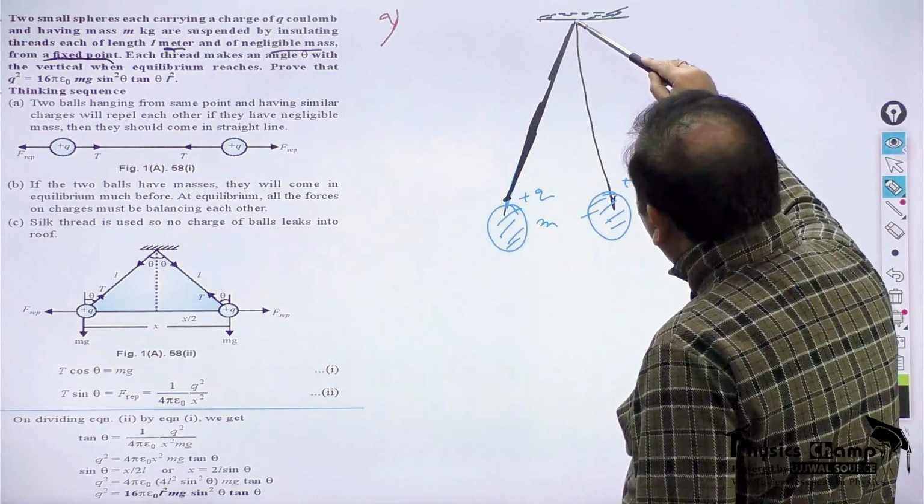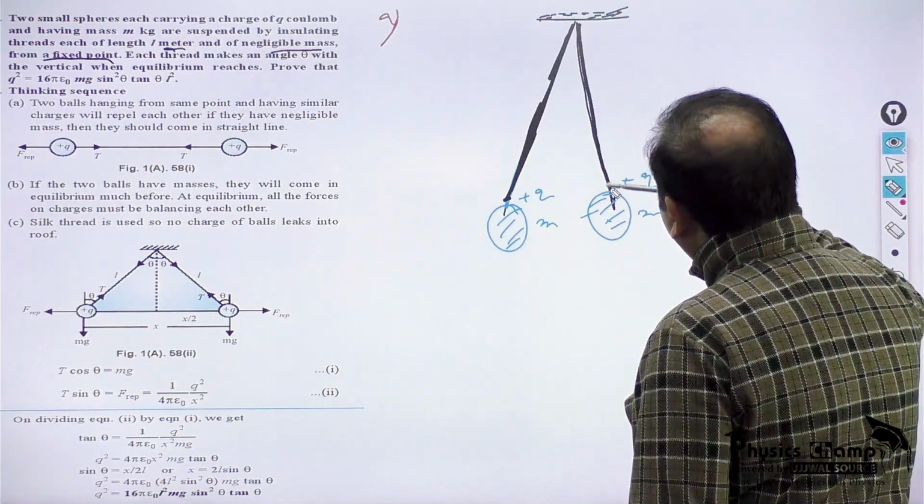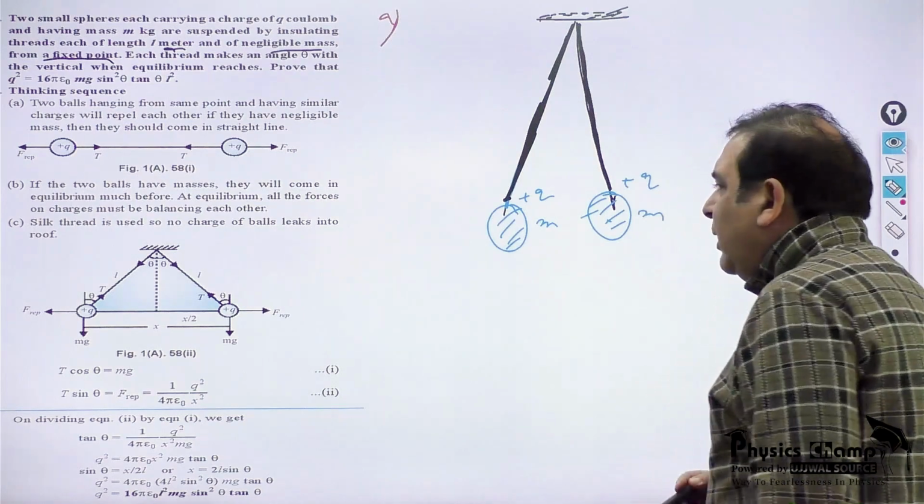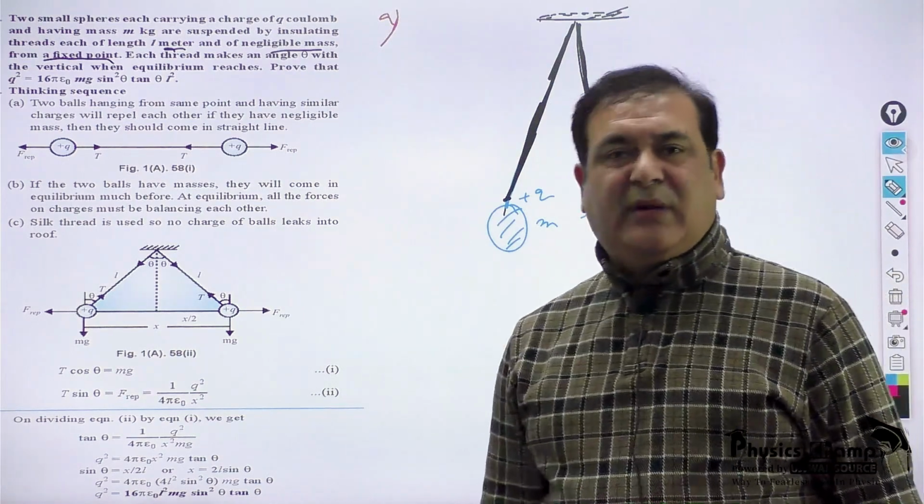The advantage of having insulating thread is that the charge will not leak through these threads.